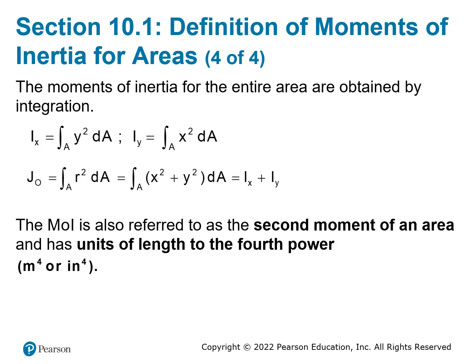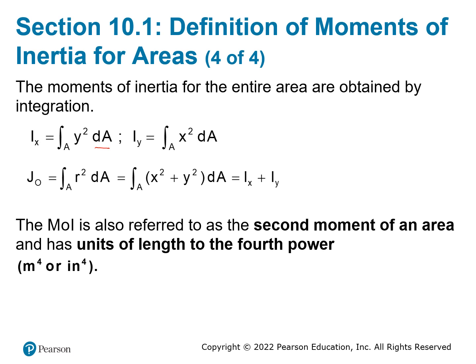So the total moment of inertia is calculated by integrating over the entire area, the dA. You have to pick which slice you're going to cut when you see an area.